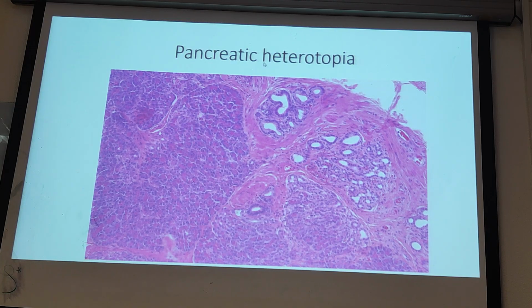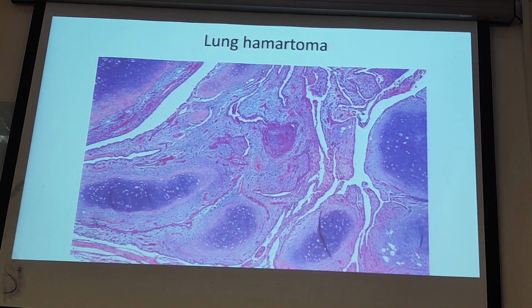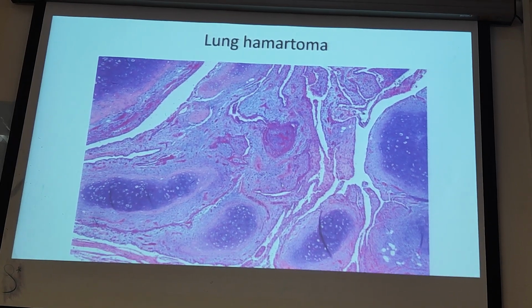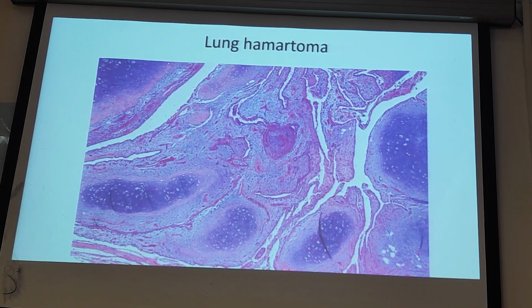So we use the term heterotopia, pancreatic heterotopia. But this is a hamartoma. You see disorganized cartilaginous tissue and alveolar structures that are really disorganized, but all of them are native to the lung. Mass formation of these disorganized tissues makes a structure that's so-called hamartoma.